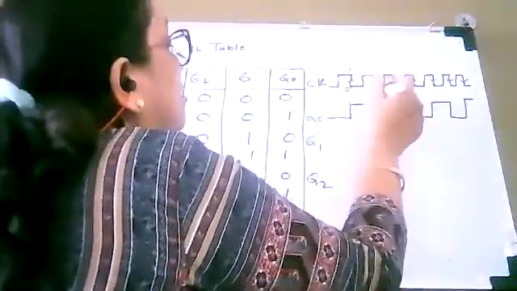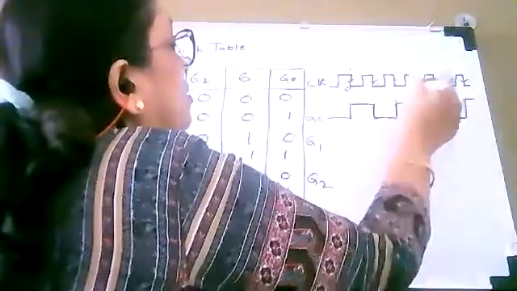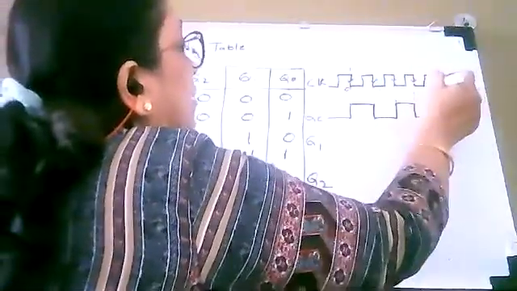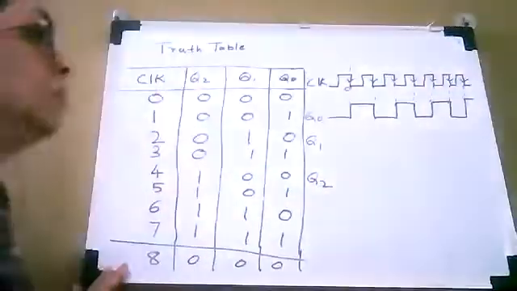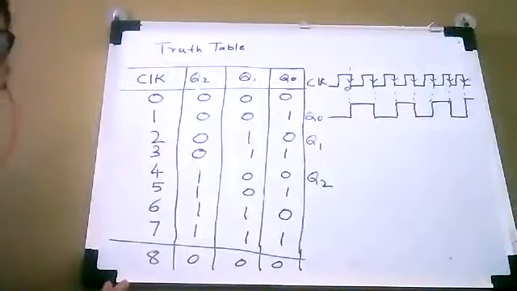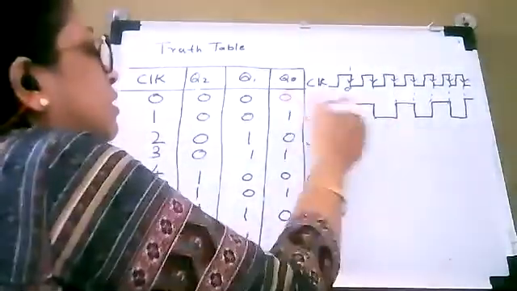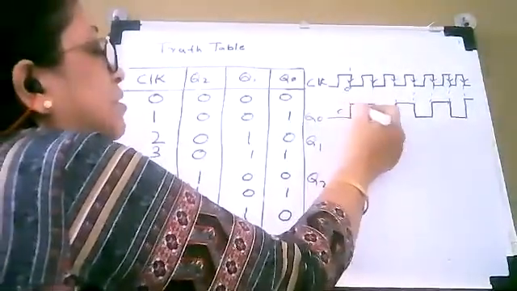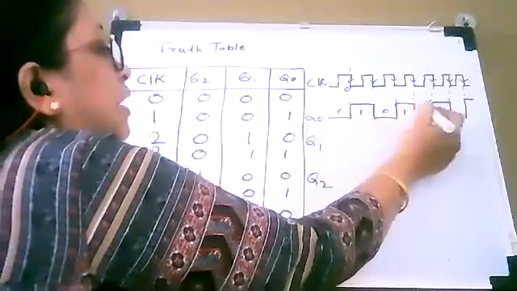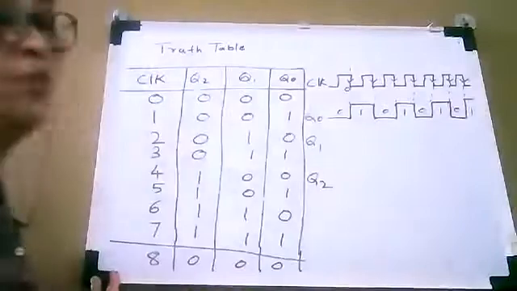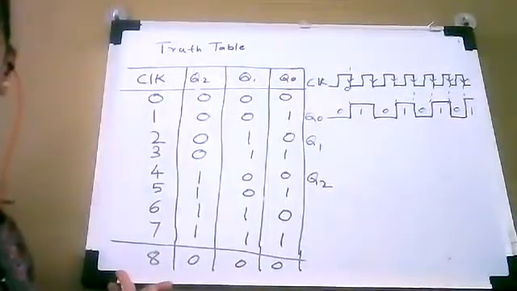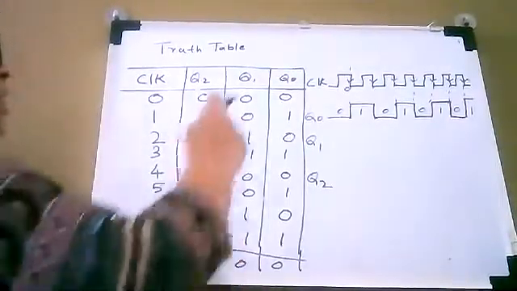Okay, so these transitions you have to see. So this must happen at trailing edge of the clock pulse. So this is a waveform of Q0 because it is continuously making transition 0, 1, 0, 1, 0, 1, 0, 1. So this is a waveform for Q0.